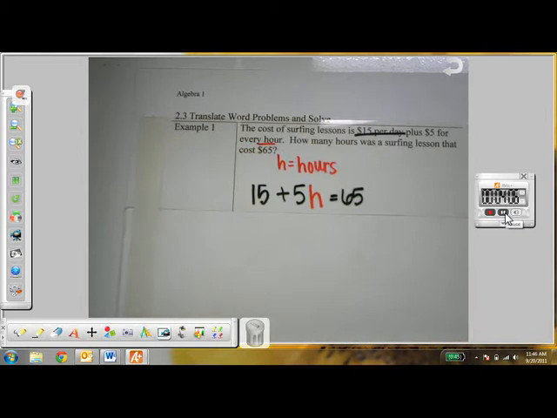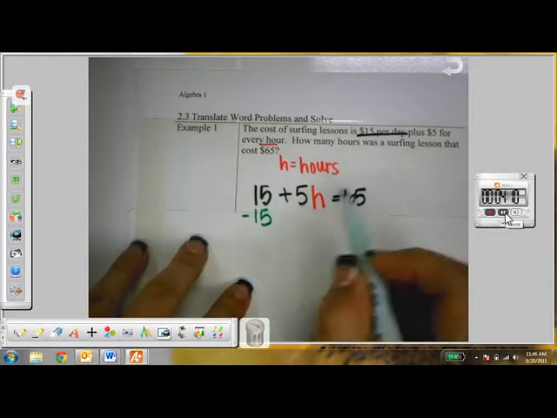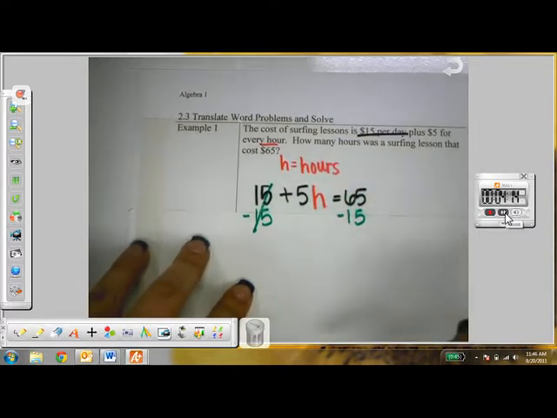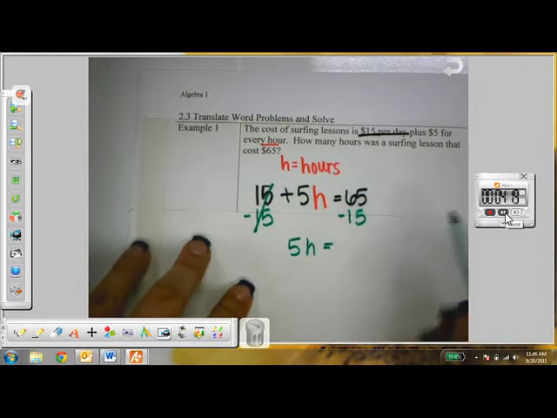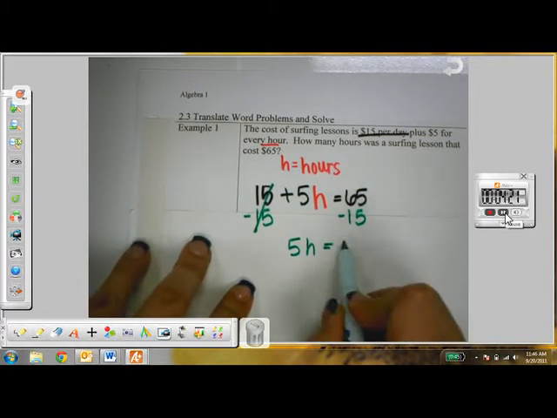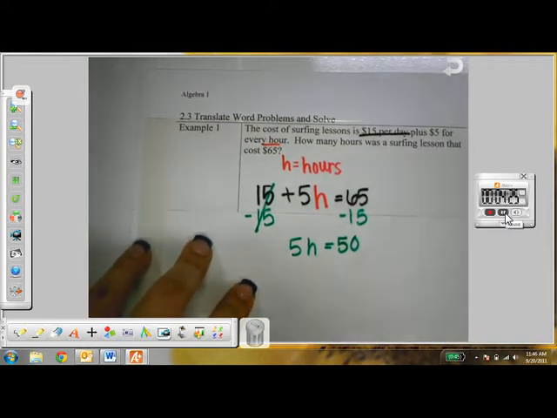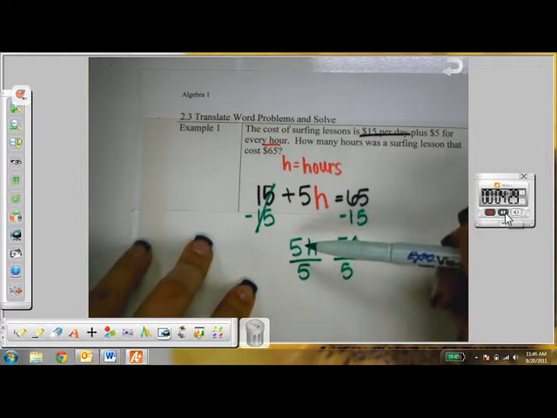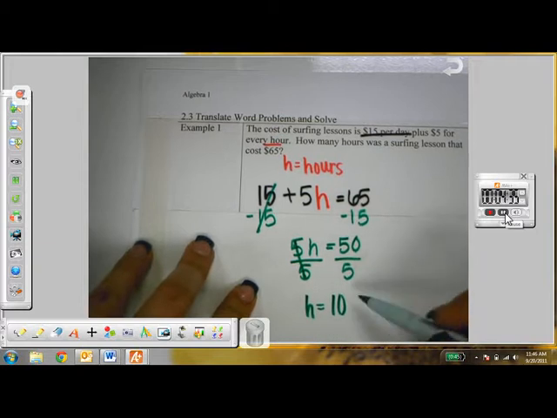The first thing I'm going to do is subtract 15 from both sides. 15 minus 15 is 0, so I'm left with 5H equals 50. Then to solve for H, I divide by 5. 5 divided by 5 is 1, so I'm left with H equals 10 what? 10 hours.